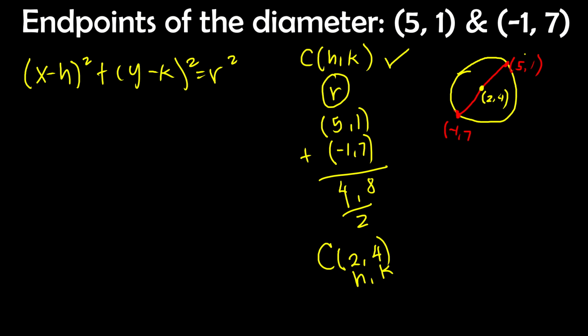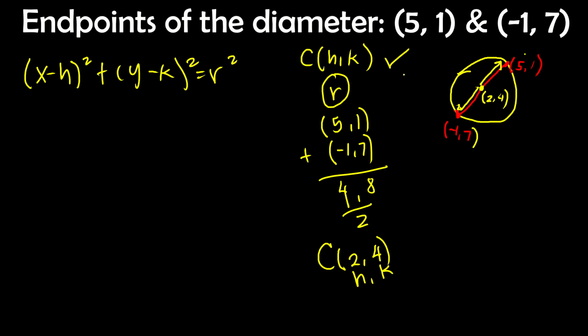In this case, that is the distance from the center of the circle to any point on the circle. So we need to get the distance either from the center 2, 4 to negative 1, 7, or from the center to 5 and 1.